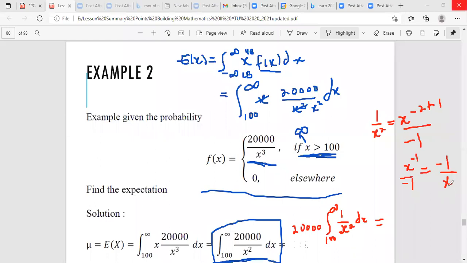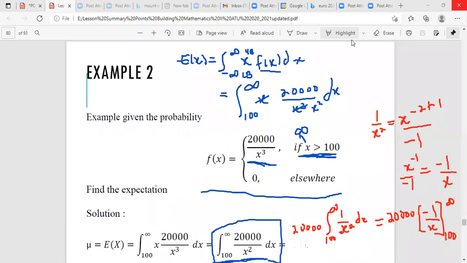So when we integrate what we have over here, we'll get 20,000 into brackets -1 over x, with the limits of integration 100 to infinity.